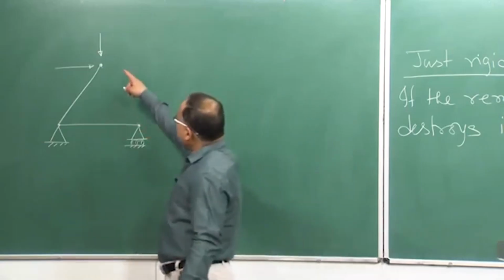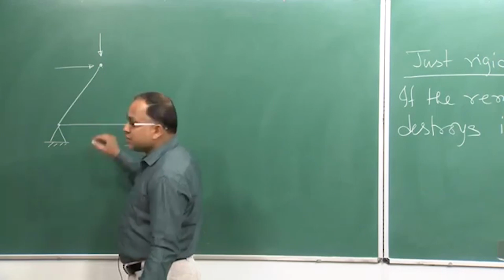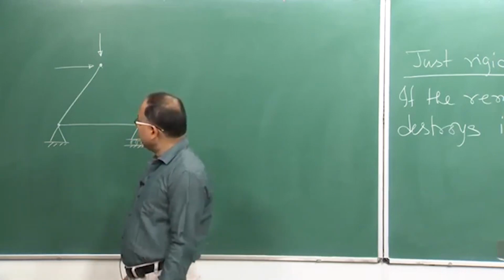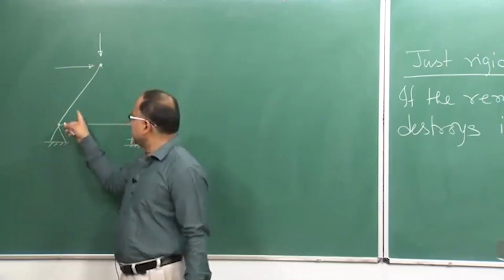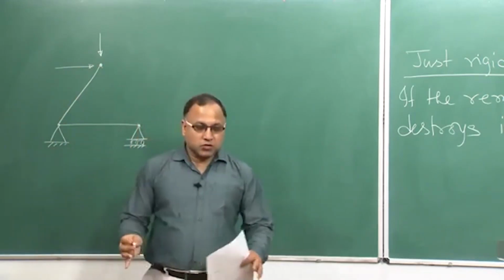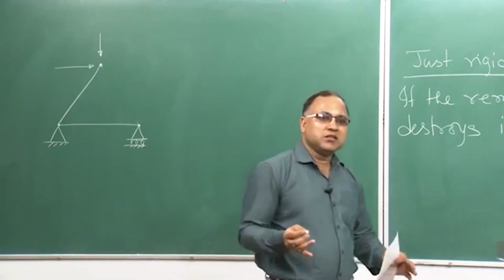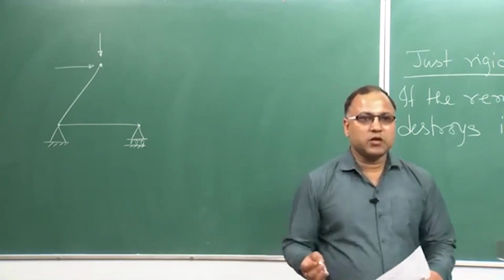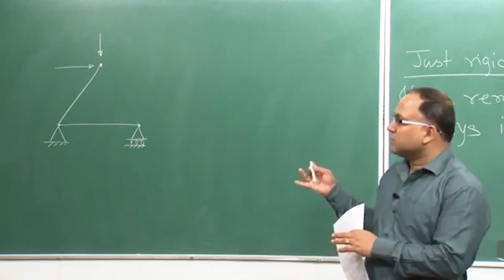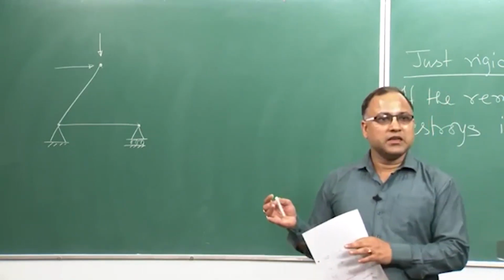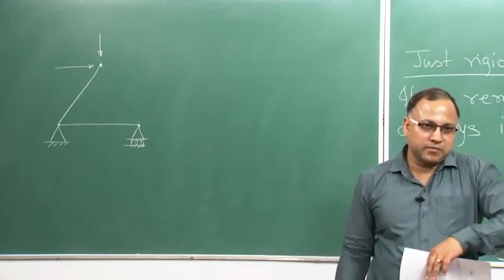Under the action of this load, or the horizontal load from this side, this member will try to rotate. So, the stability of the system will be disturbed by the application of the external loads. So, we cannot say this is a rigid structure.